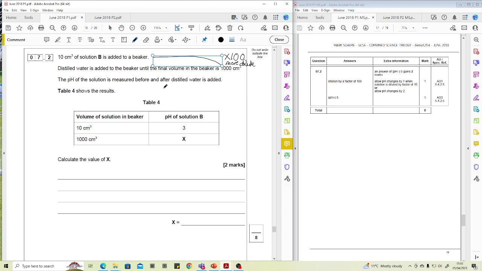The pH of the solution is measured before and after distilled water is added. So times 100, every time you take the volume and you dilute it by 10 times, you change the pH by 1, so this would be a change of 2. It's got to either increase or decrease by 2. So if we've got it more diluted, then it's less acidic after dilution.